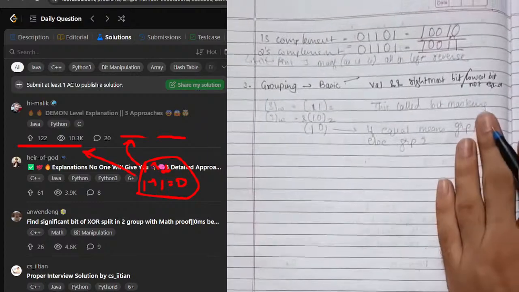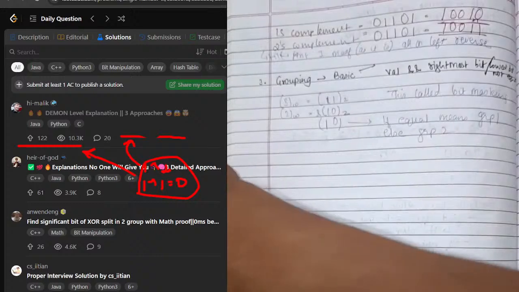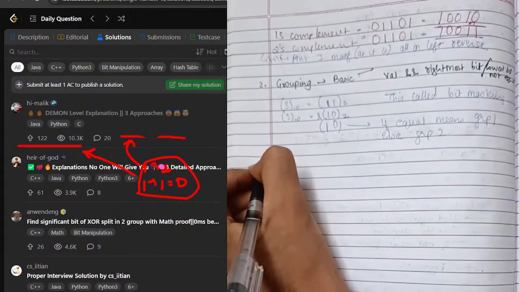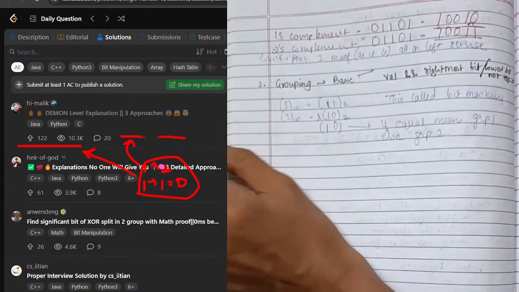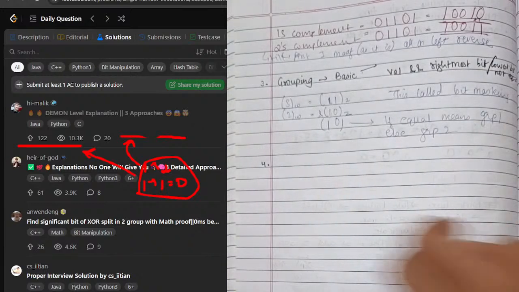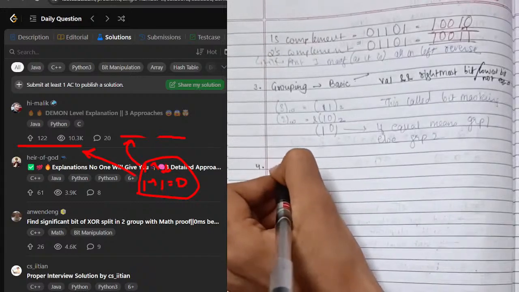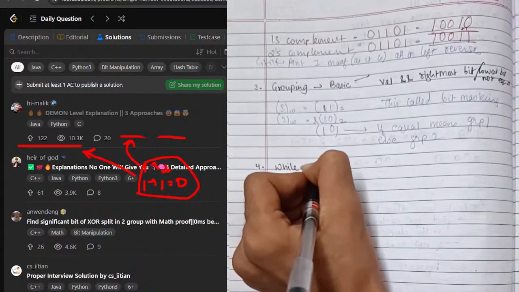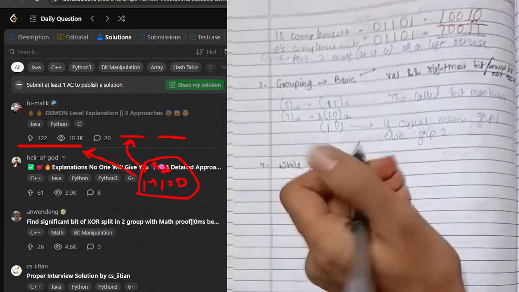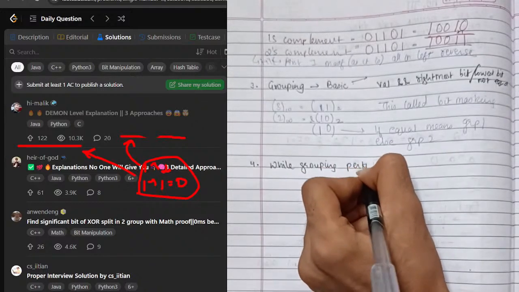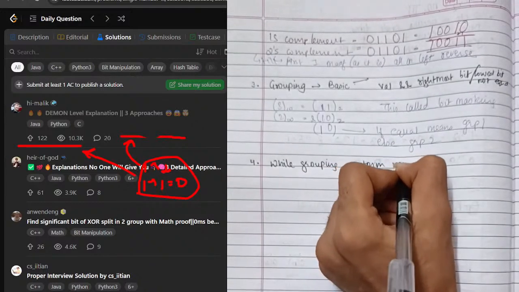What is our third step? Third step is done. Fourth step is, while grouping, perform XOR.